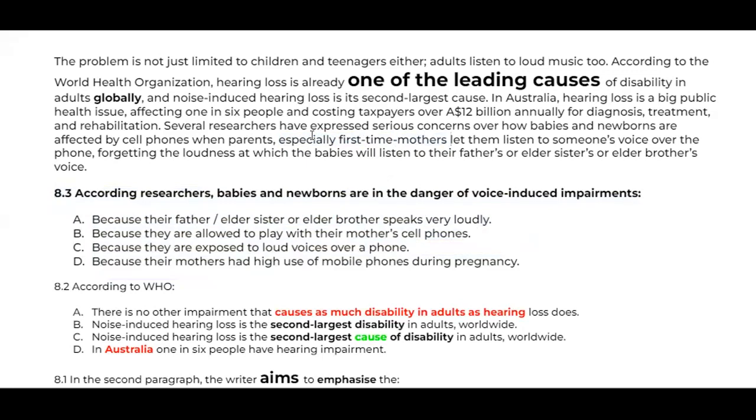Then the mother, out of ecstasy and excitement, will let the baby use the phone sometimes. This is the scenario here. The baby will be exposed to a high volume of noise from the phone. So looking at the first one, their brother speaks very loudly is not the correct answer.